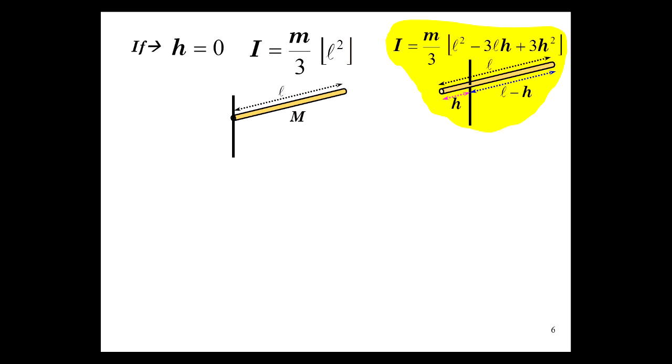And we have it pivoted about the end. Now that's really a fairly common situation in practical circumstances, pivoting a rod at one end. So it rotates about the end, and the moment of inertia then is 1/3 M L squared. And of course that's highlighted in blue, meaning it's pretty important. It's a very, very common object whose moment of inertia you should be somewhat familiar with.